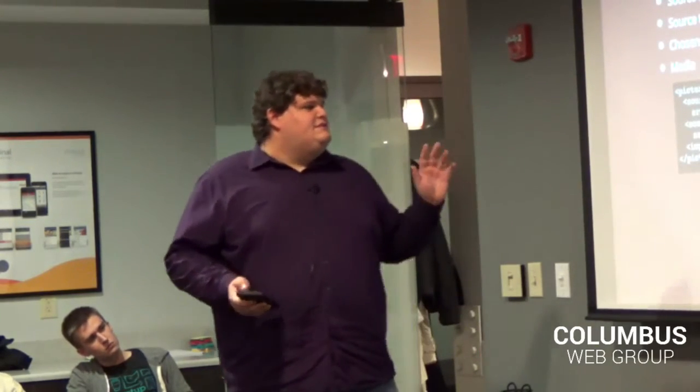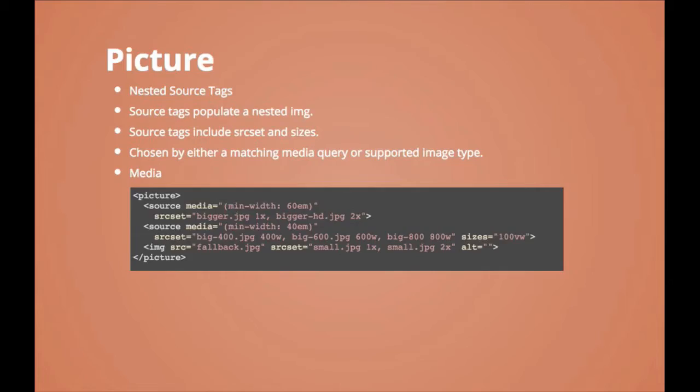Like I said, in this example, we're using media. We check if it's bigger than 60em, and if so, for this source set, we're using the pixel density descriptor. If it doesn't match that, we try the next source, and this time we show that we're using the width descriptor.